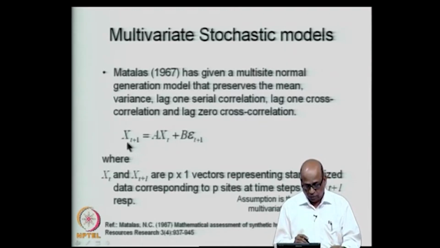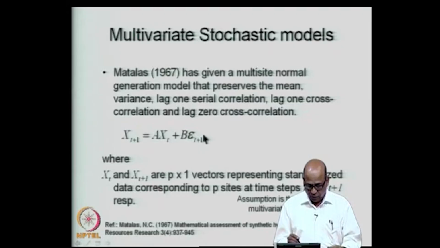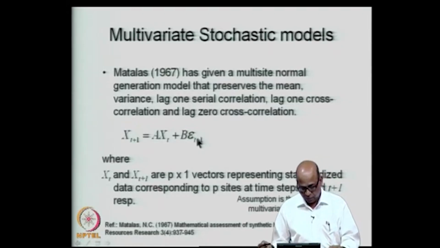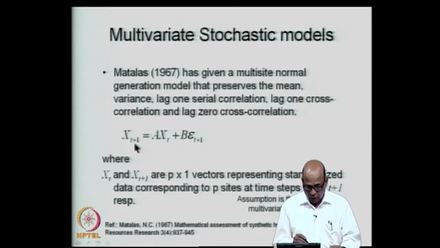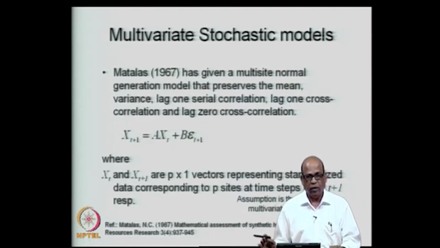All right. Now, look at this structure: x t plus 1 is equal to A x t plus B epsilon t plus 1. The coefficient matrix I call beta, this capital B also indicates betas. To generate x t plus 1 we are using x t and some random component epsilon t plus 1. x t being the data, remember we have p sites, and at each of the p sites you have the time series t is equal to 1, t is equal to 2, etcetera, there are n time periods.